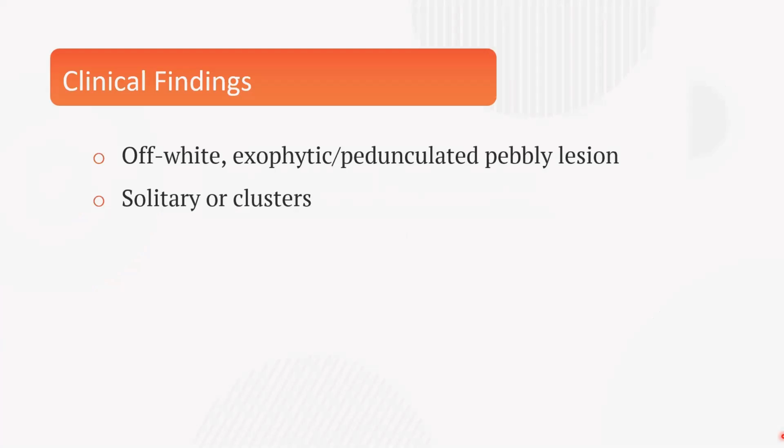When you look at these things, biopsy-wise, 50% of them are actually shown to be involved with HPV, all right? So when you look at HPV, there are 200 strains of human papillomavirus.